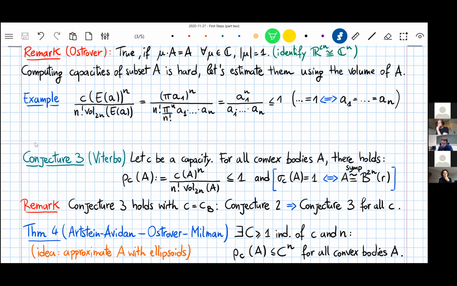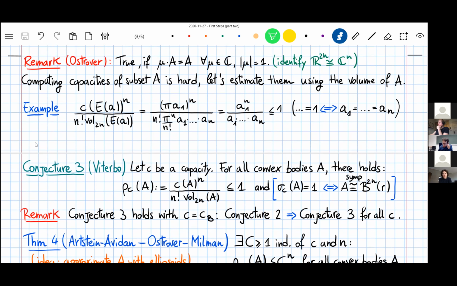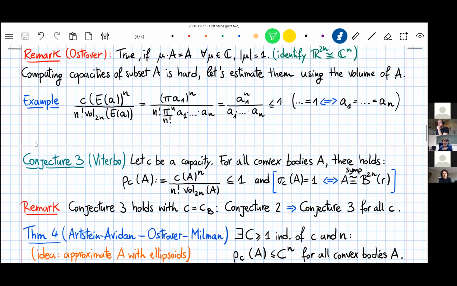It says that if you assume that your convex body has some symmetry by rotation, and here by rotation I mean just take R^2n and think of R^2n as the complex space Cn, and then you have the multiplication by complex numbers, and you can just consider multiplication by complex numbers of modulus 1.